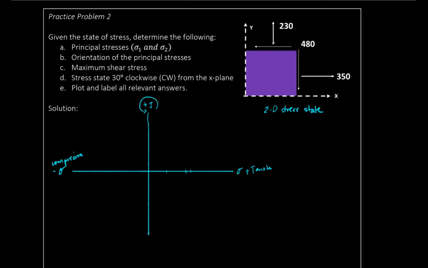The shear stress is counterclockwise, 480 megapascals moving counterclockwise. So that becomes, let's do 1, 2, 3, 4.